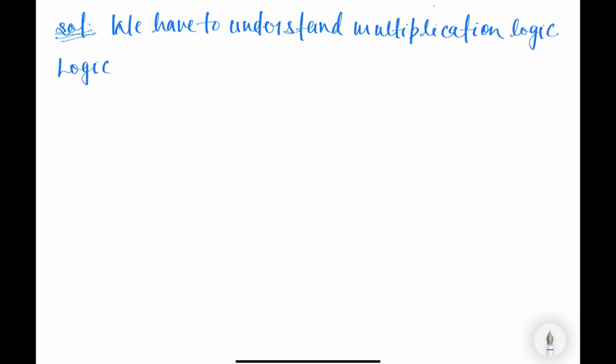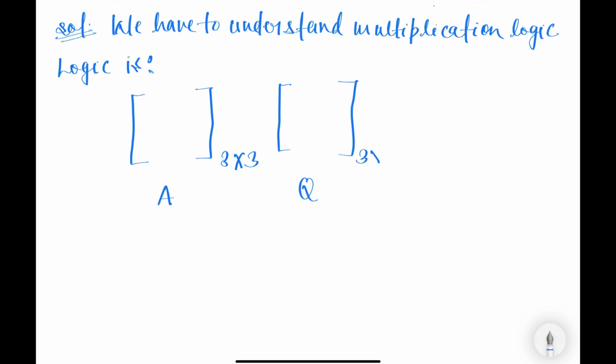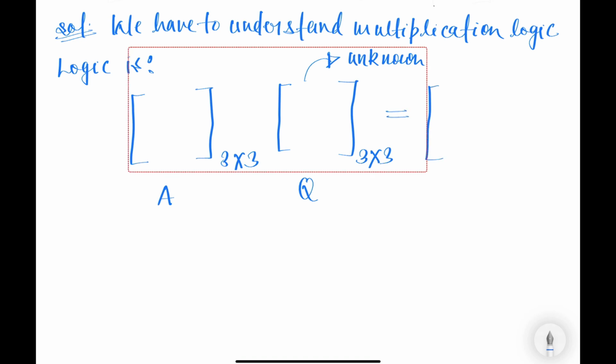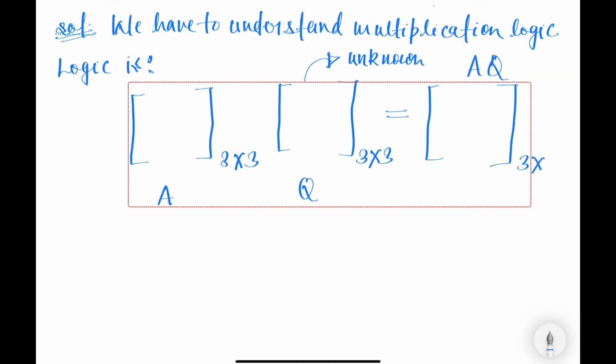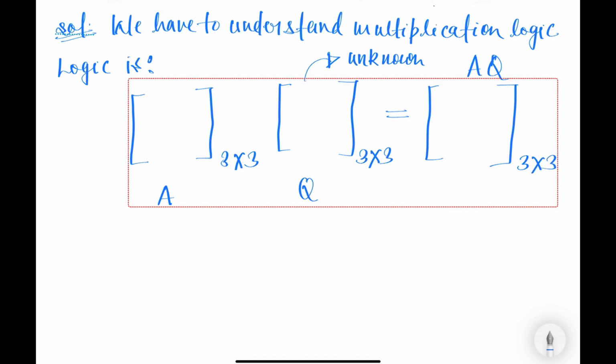And the logic is, we have a matrix A which is 3 cross 3, and we have a matrix Q also 3 cross 3, and Q is unknown. We have to find AQ, which will also result in 3 cross 3.